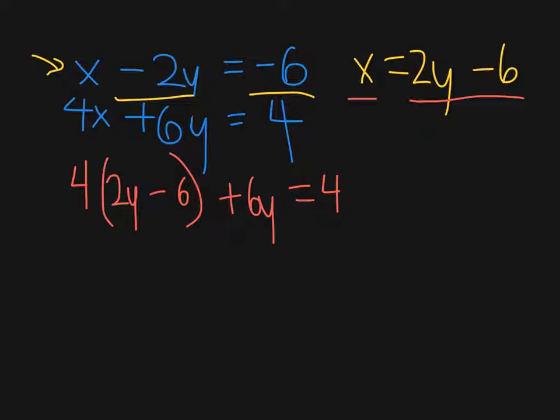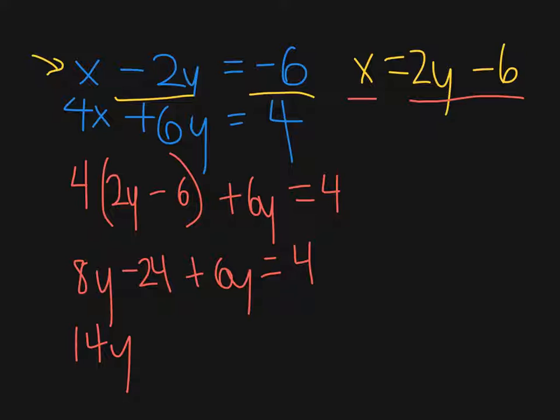When I do that using the distributive property, it's going to be 8y minus 24 plus 6y is equal to 4. When I combine terms, I'm going to have 14y. When I add 24 to both sides, I'm going to end up with 28. So this is just solving equations the way we've done before. Divide both sides by 14, I get y is equal to 2.